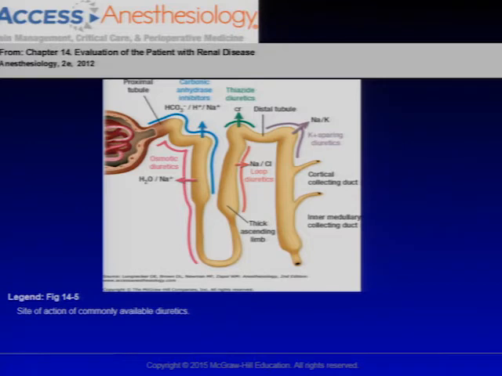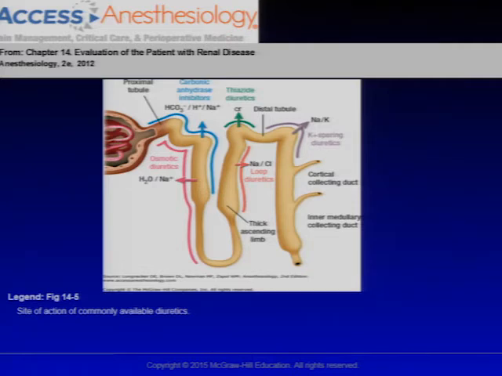This slide depicts the site of action of various diuretics. As you can see, the osmotic diuretics like mannitol act at the level of the proximal convoluted tubule and the descending loop of Henle mainly. The carbonic anhydrase inhibitors like acetazolamide act at the proximal convoluted tubule. The loop diuretics like Lasix act at the level of the thick ascending loop of Henle.